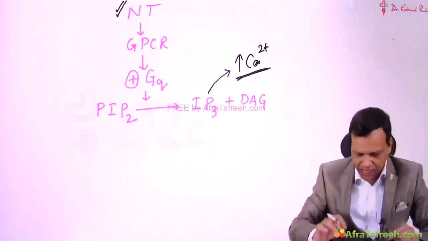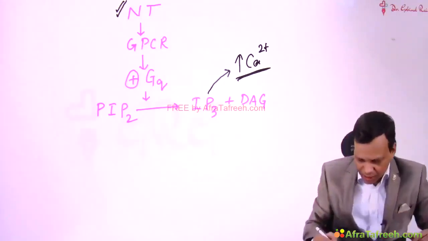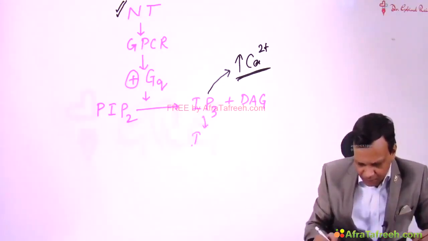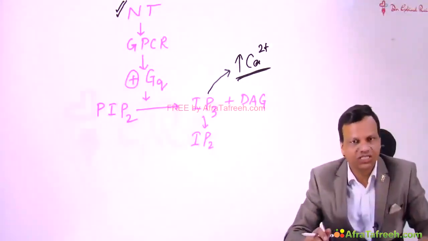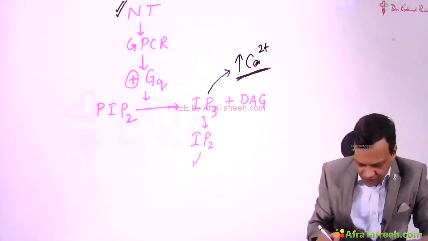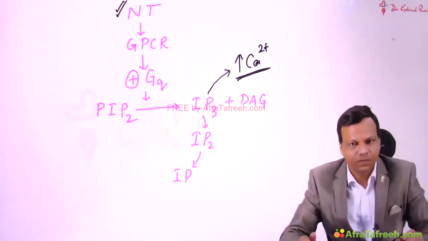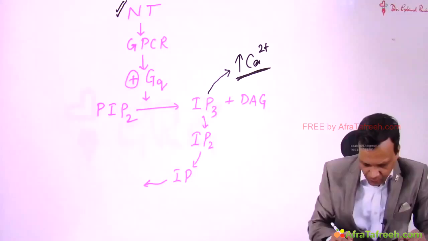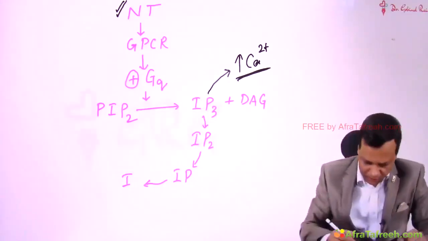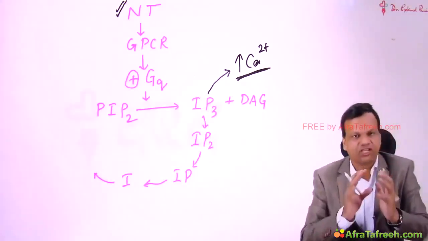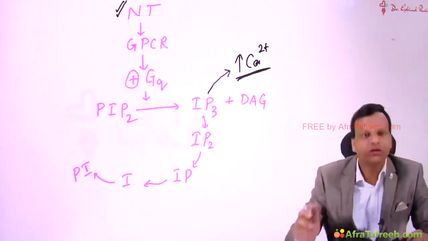After this, what happens is IP3, after increasing the calcium, will be metabolized. So IP3 is metabolized to form IP2. With the help of a phosphatase enzyme, one phosphate group is removed. Then IP2 is further metabolized to form IP. One more phosphate group is removed. Then inositol phosphate is metabolized to form inositol. One more phosphate group is removed. Then this inositol will attach the phosphatidyl group, which results in formation of phosphatidylinositol.